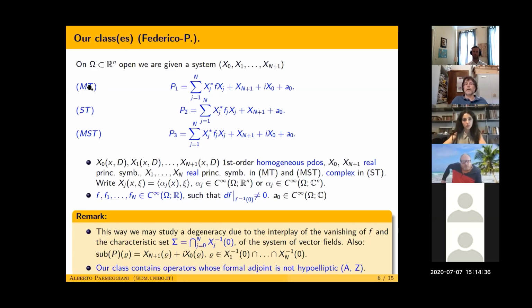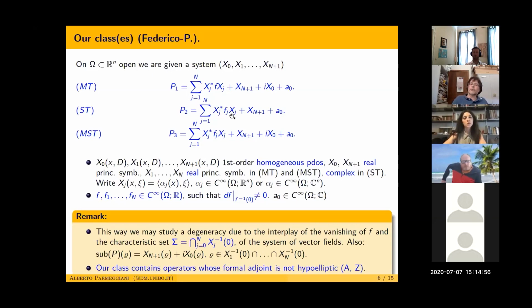So in the mixed type and mixed Schrodinger type, we have this. And then in the Schrodinger type, you see here x naught is no more there. So it has only capital D derivatives, real coefficient, but capital D derivatives. This means it's a Schrodinger kind of operator.